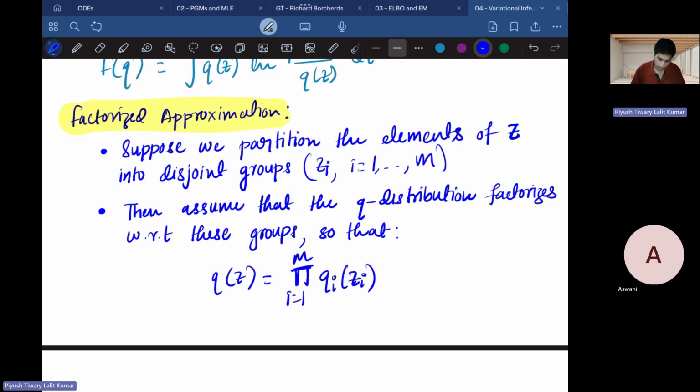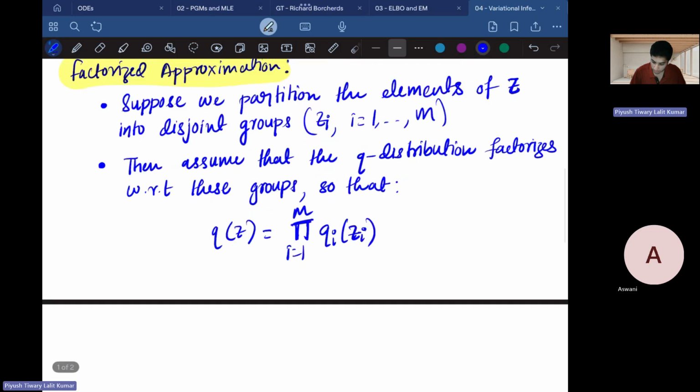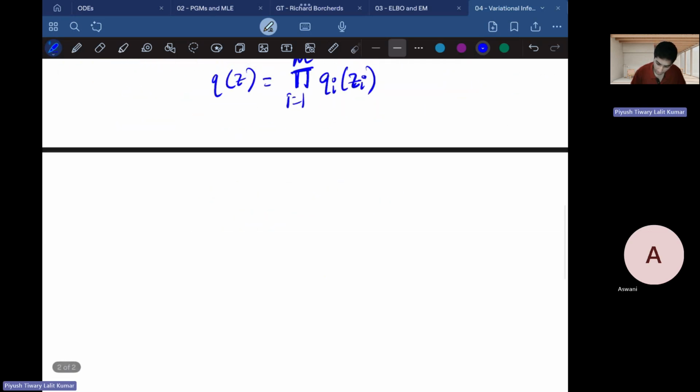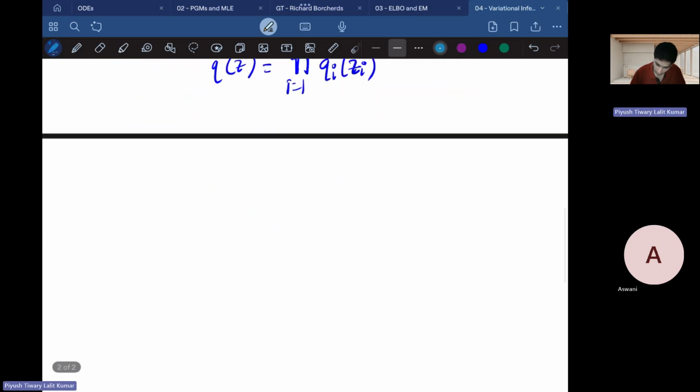So what do we mean by this? If I remove the formalities, let's say Z is a random vector which is m cross 1, so there is Z1 all the way till Zm.